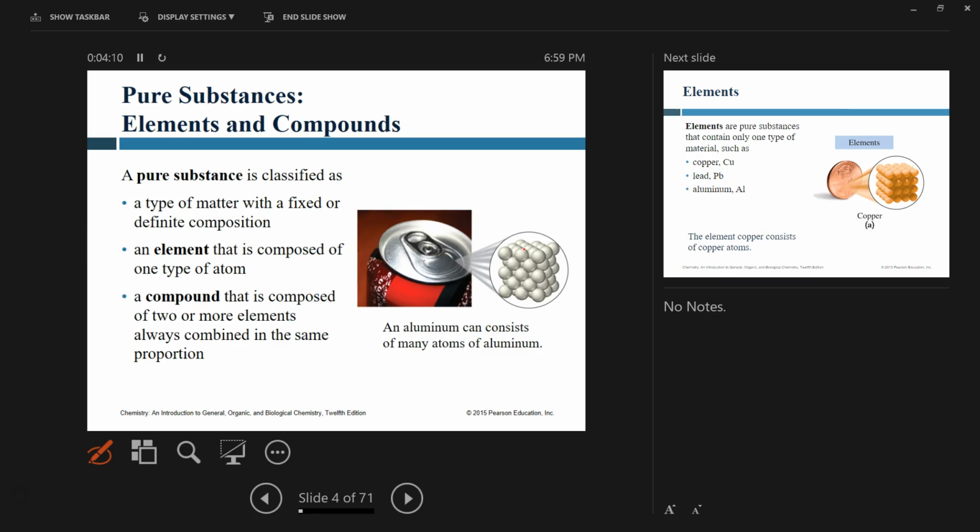So a pure substance can be further divided into elements and compounds. And from the chemical standpoint, it's one of the most important distinctions that we can make. All elements consist, and now listen carefully, of only one type of atom. Can you give me an example of an element? Helium.